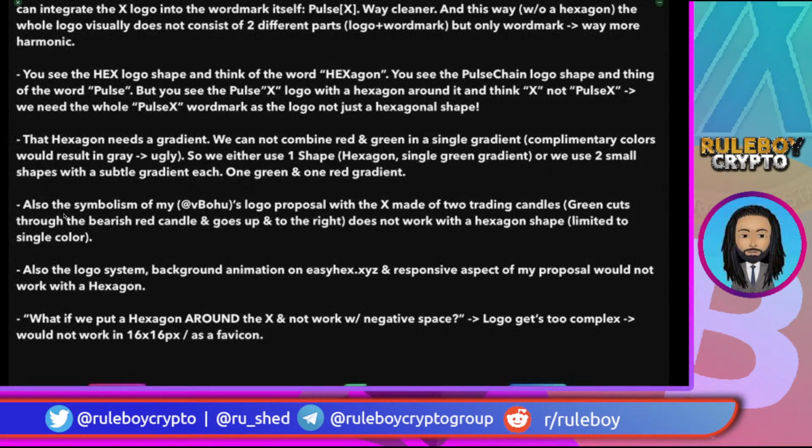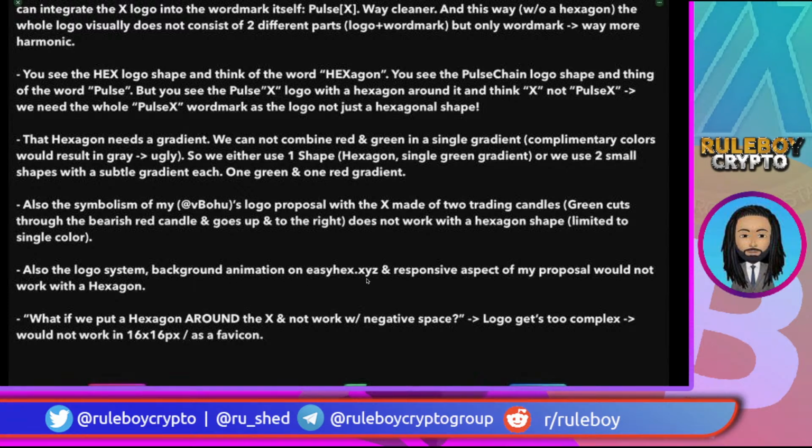So he said also the symbolism of Bohu's logo proposal with the X made of two trading candles. So green cuts through the bear, blah blah blah. So see that. So as the logo system background animation on.